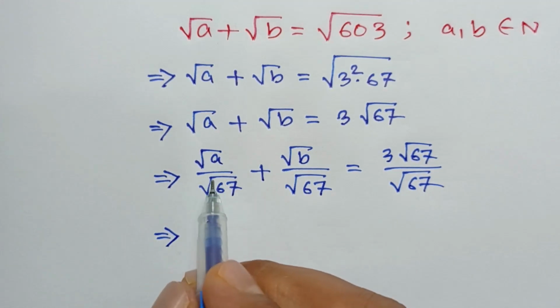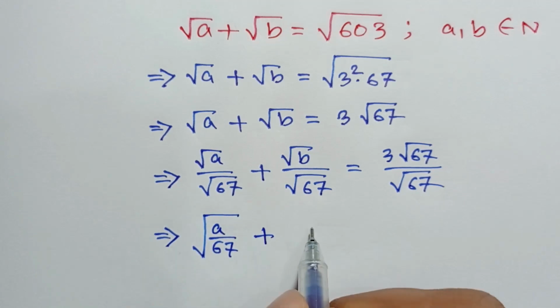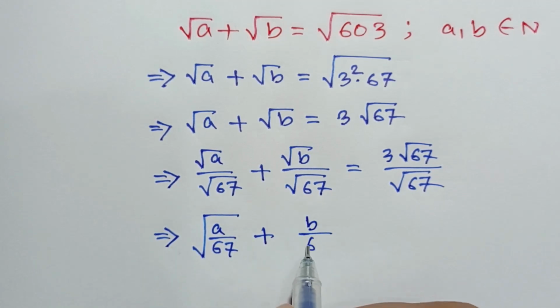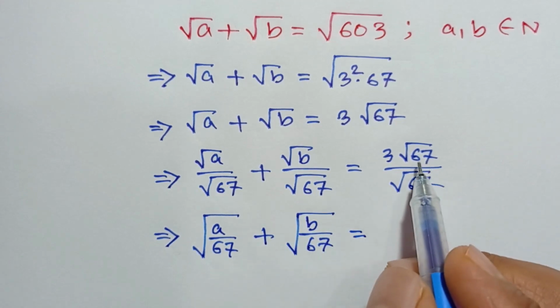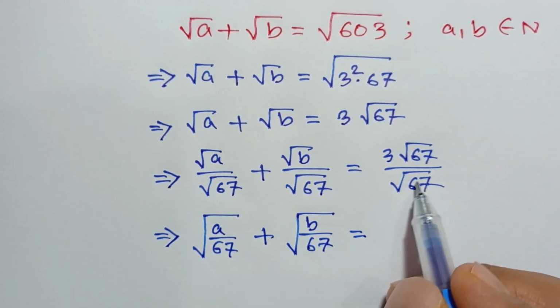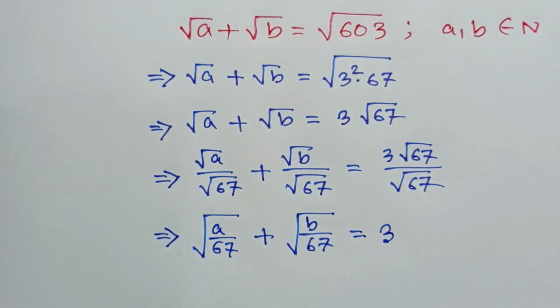This can be written as square root of a over 67 plus square root of b over 67 is equal to 3, as square root of 67 and square root of 67 cancel out.